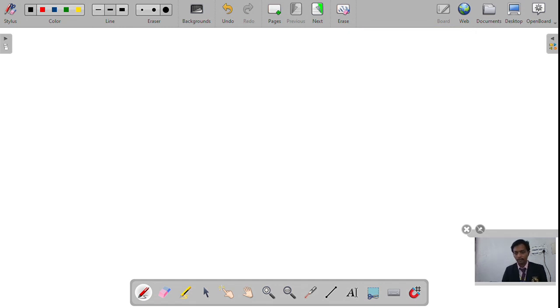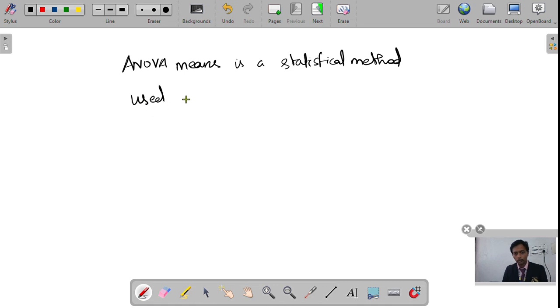In design of experiments, we are going to see first analysis of variance, that is ANOVA. ANOVA is a statistical method used to test the difference between more than two means.